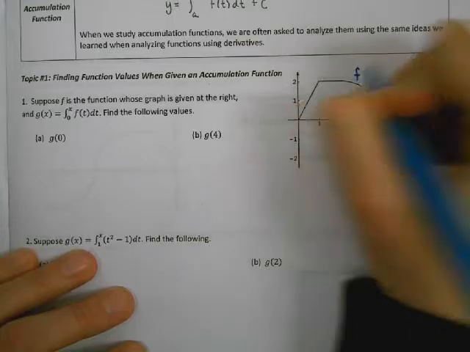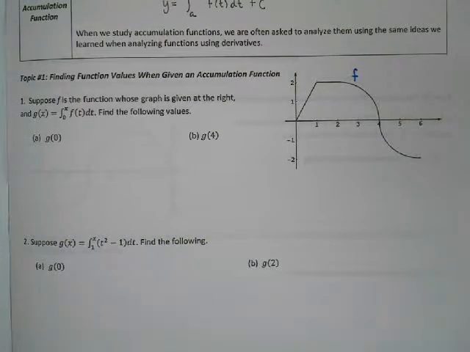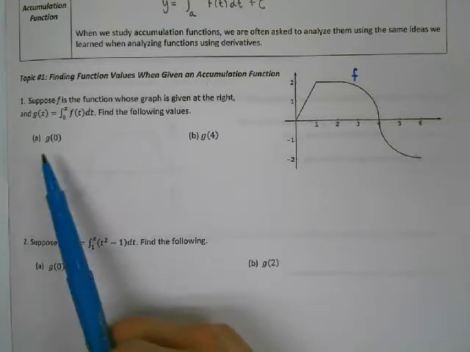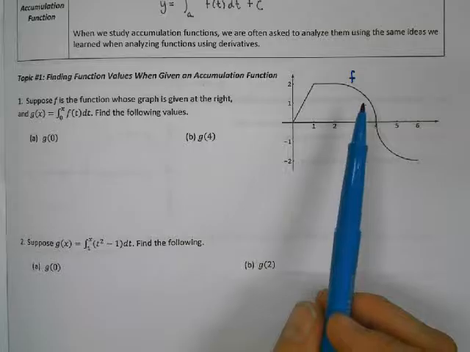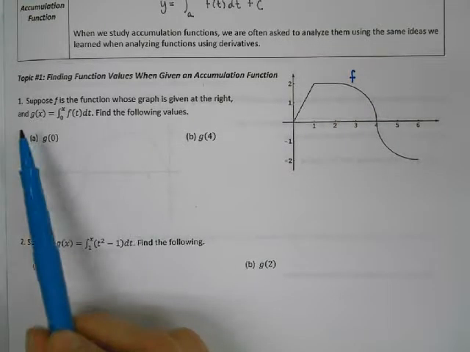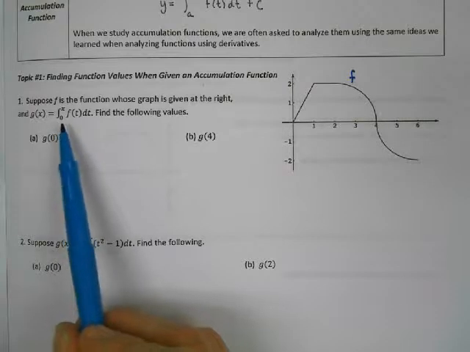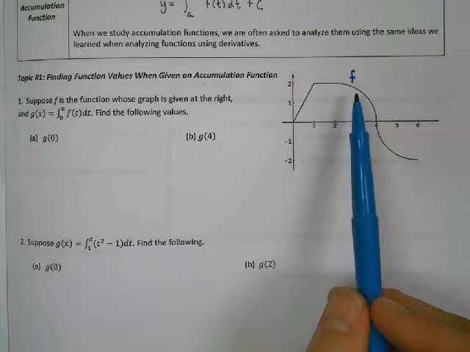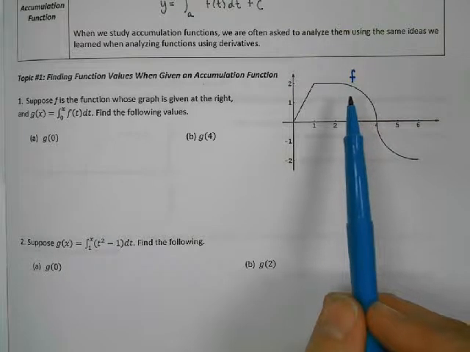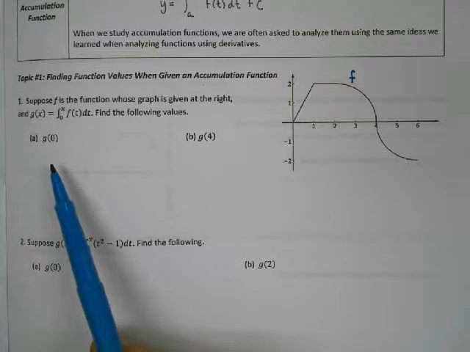I highly recommend you labeling the graph of f, because otherwise it's very easy to get confused between what's g and what's f. So f is a function whose graph is given at the right, and g of x is given by this accumulation function. Now you can see my accumulation function references the function f. Okay, so we're going to use this accumulation function and my graph to find these values.